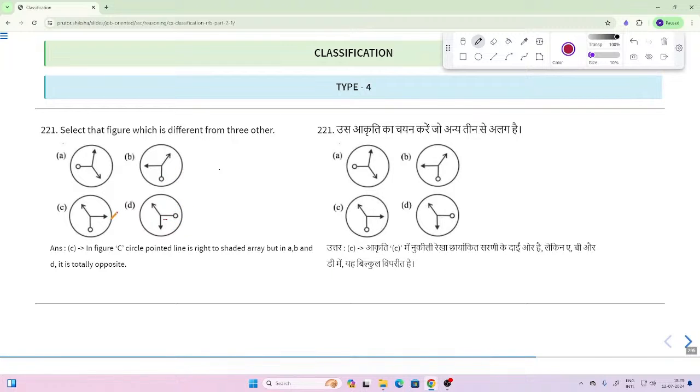But I don't see that happening for figure C. C is almost a mirror of figure B. Hence, I would say C is the odd one out because A, B, D can all be formed from each other.